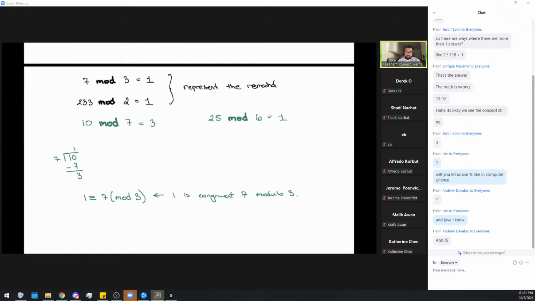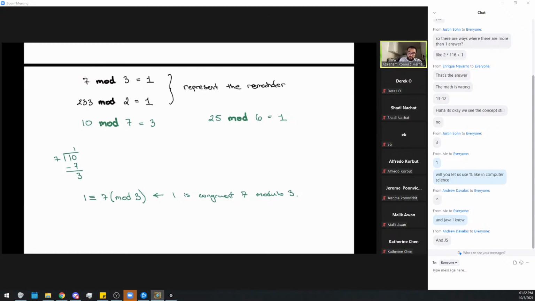Okay, now there's a big difference between this and this, other than the fact that this is written on the left-hand side and this is written on the right-hand side. That doesn't really make much of a difference. All this is saying is it represents the remainder, and I can't believe I didn't finish writing remainder.